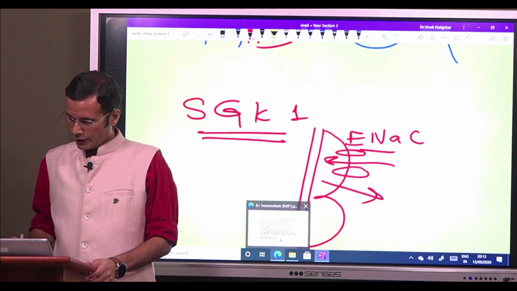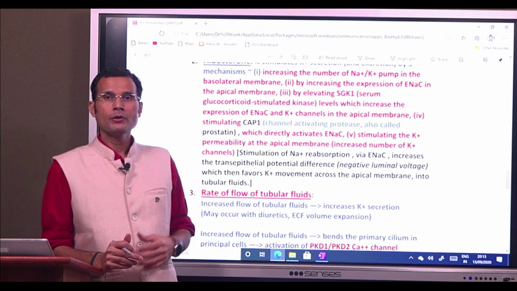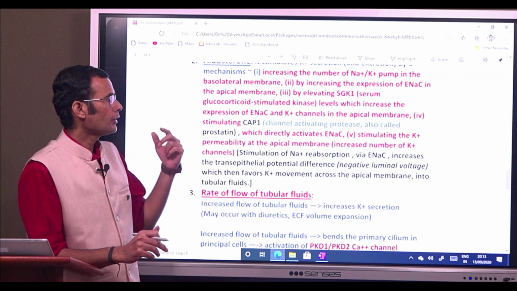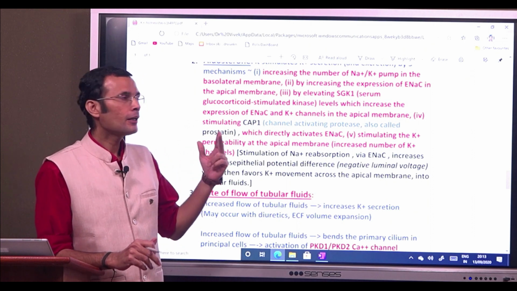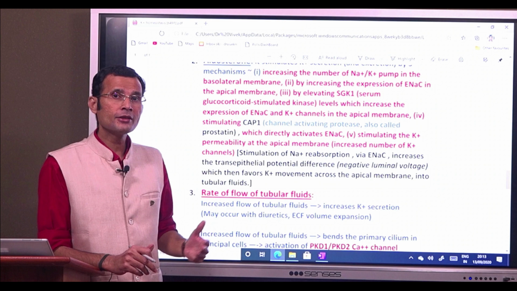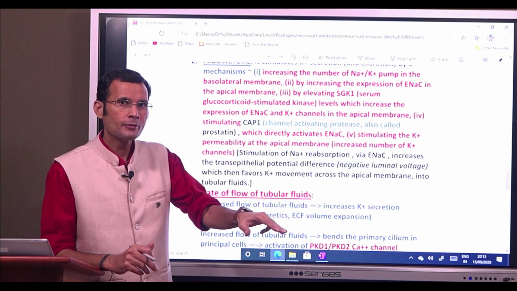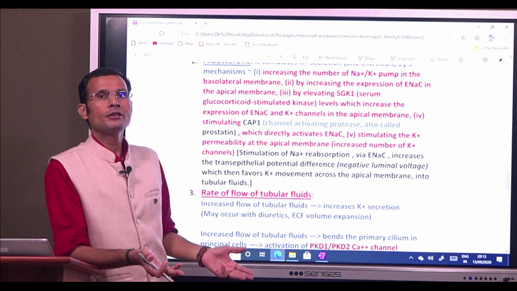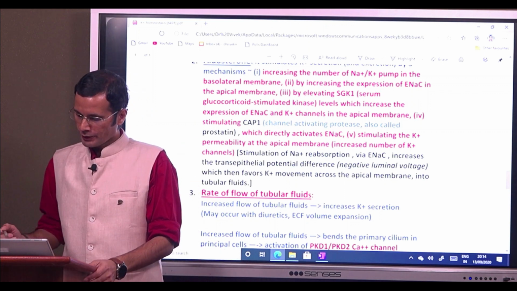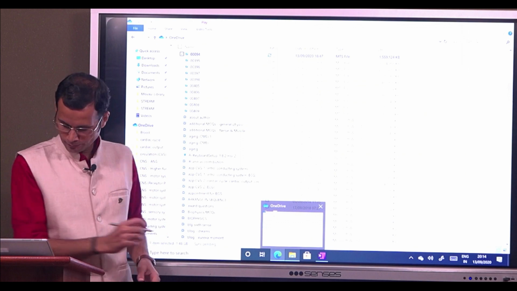Then, another action of aldosterone, we saw it increases the number of sodium-potassium pumps, 1. We saw it increases the expression of ENaC in the apical membrane. Then it increases the expression of SGK1, which further increases the ENaCs in the apical membrane. It also stimulates CAP1.